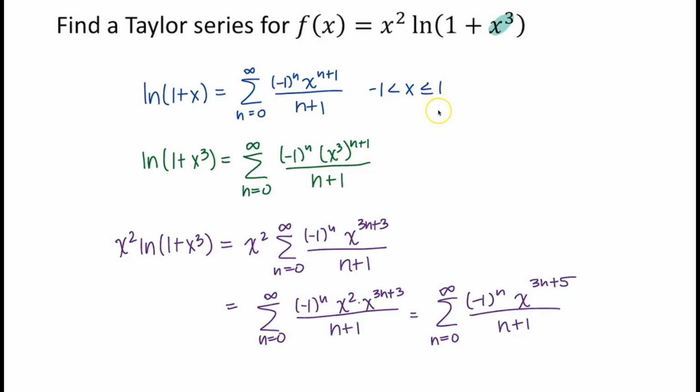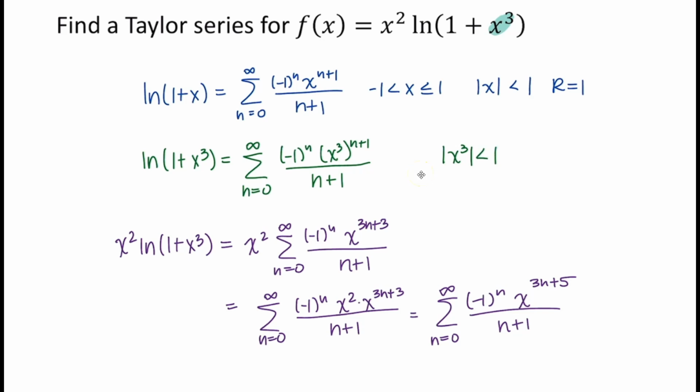So here, the radius of convergence is 1 because we would know that the absolute value of x is less than 1. So now we replaced x with x cubed. So to find the radius of convergence here, we would need to solve the absolute value of x cubed is less than 1.